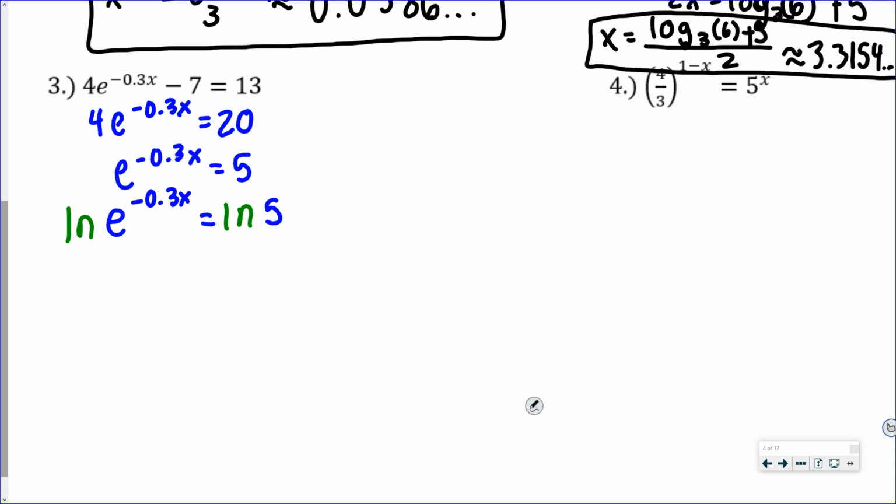That will get rid of that base E, and we're just left with negative 0.3x equals the natural log of 5. So we just have to divide that by negative 0.3.